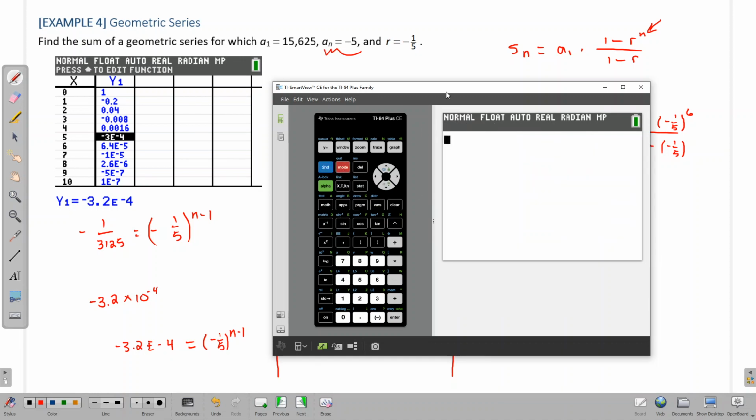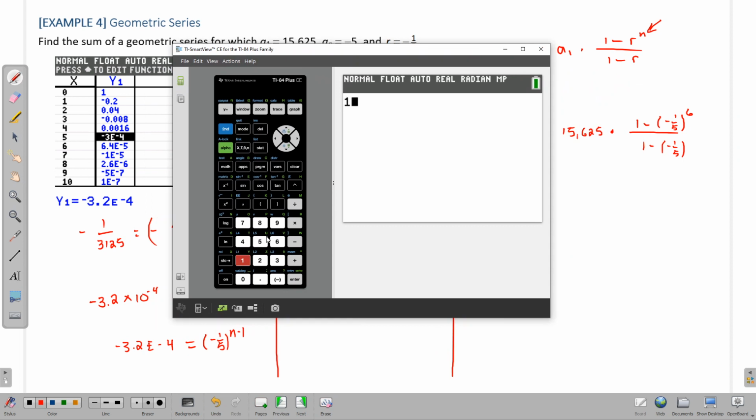All right, so back to the home screen. We've got 15,625 times, put your fraction in, and then 1 minus. Now, you don't need to use the fraction button within this fraction here. You can, but you don't have to. We can just use the regular divide button.